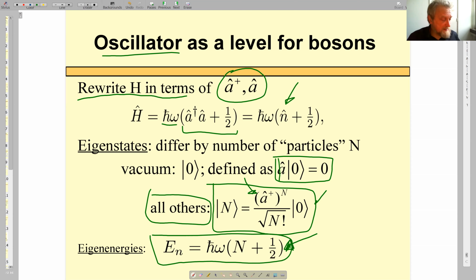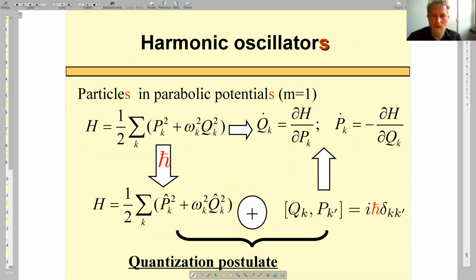So I presume there are no questions at this stage, just a rewriting of what we know in more explicit terms. Let me do this job rather automatically for a set of oscillators.